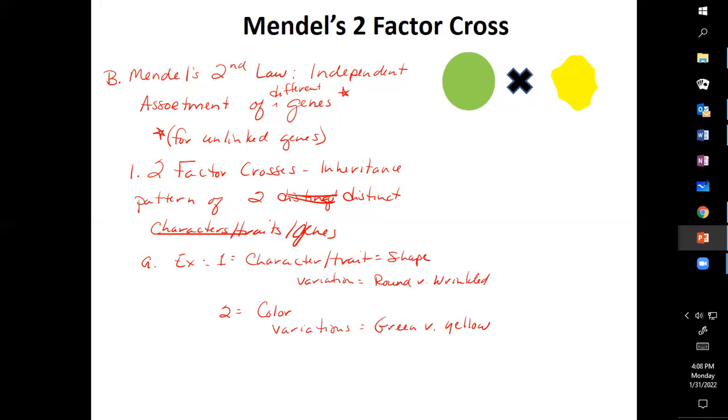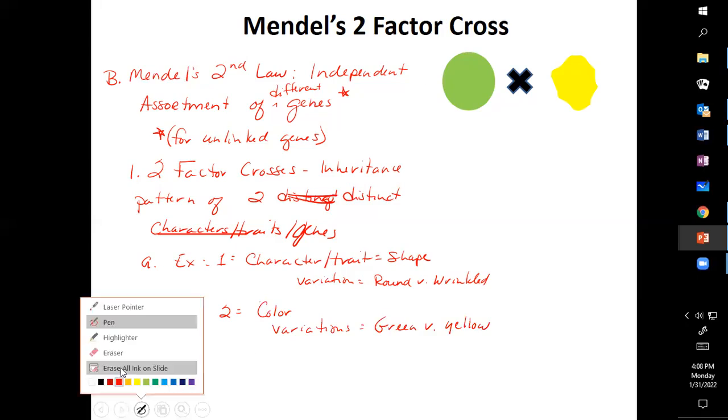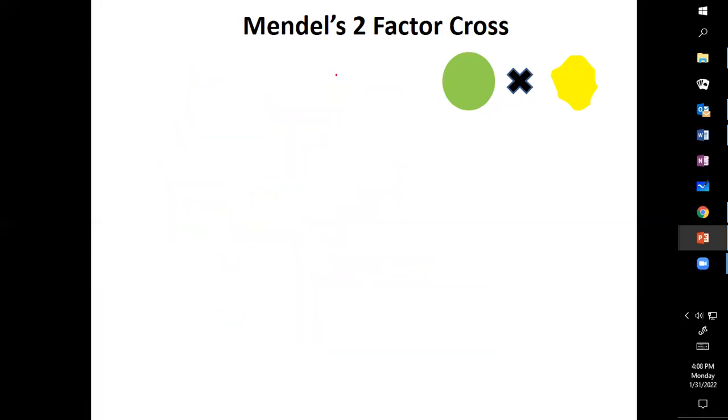All right, so using the same concept of a P generation, he started with a pure breeding green round seed and a pure breeding yellow wrinkled seed. Now this is just an example. He did this in all sorts of different forms, but the P generation is still the P generation, meaning that it is pure breeding.